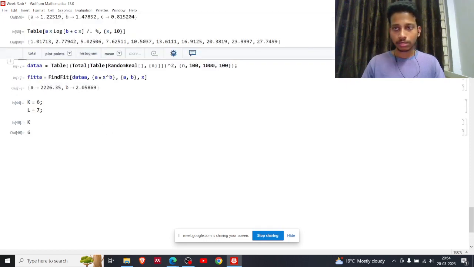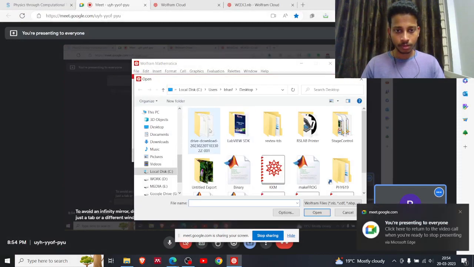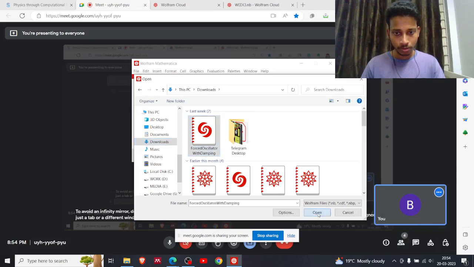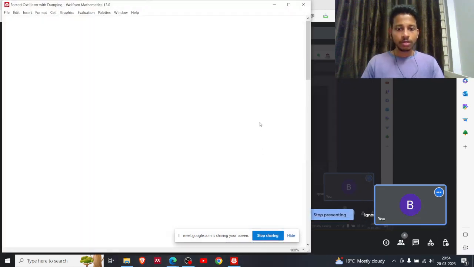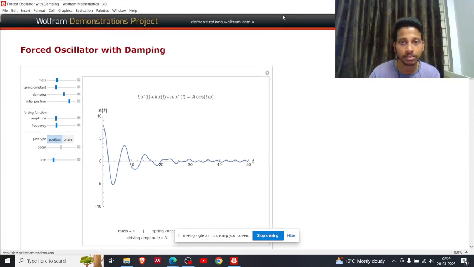Okay, so this is it. Now I will show one demonstration. Yeah, this is another demonstration. In the last class I have shown the demonstration for normal oscillation, but here it is a forced oscillator with damping.